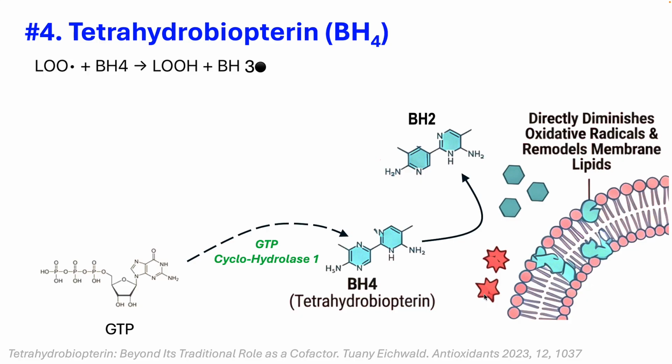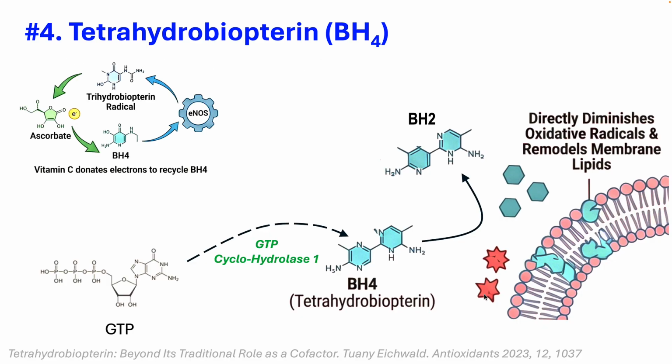The next layer of defense involves tetrahydrobiopterin. It's best known as a cofactor for nitric oxide production and maintaining endothelial function, but it also has antioxidant roles. BH4 can donate an electron to lipid peroxides, converting them into more stable lipid alcohols. Unlike vitamin E, which is confined to membranes, BH4 is more diffusible and can exert protective effects across multiple cellular compartments.